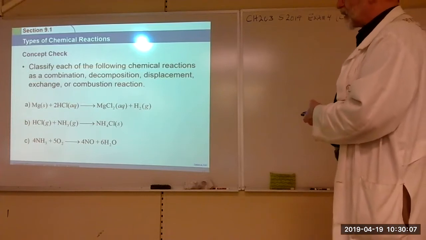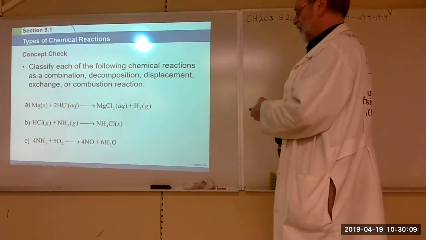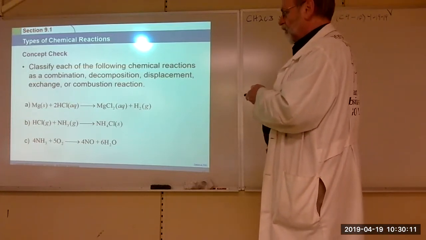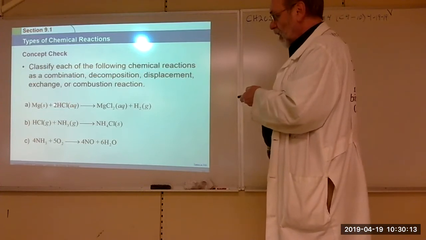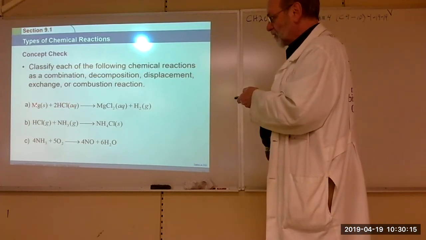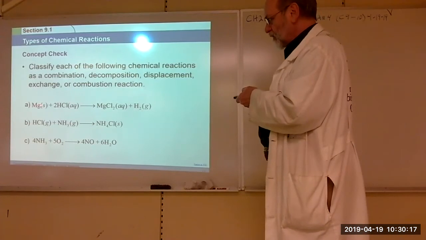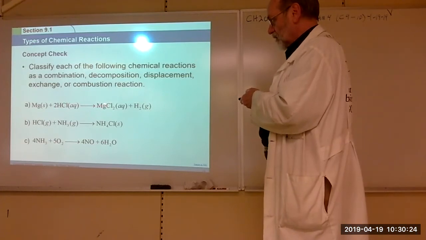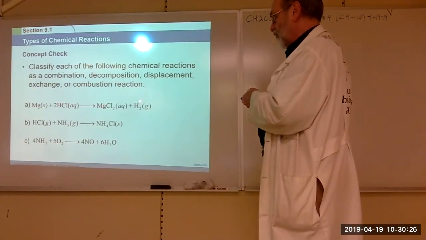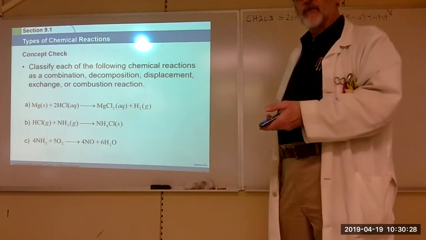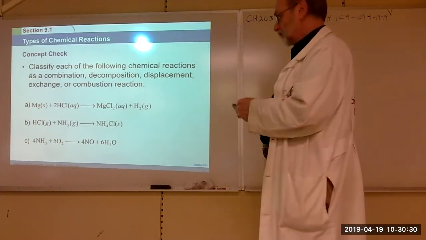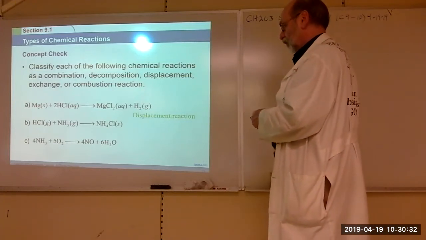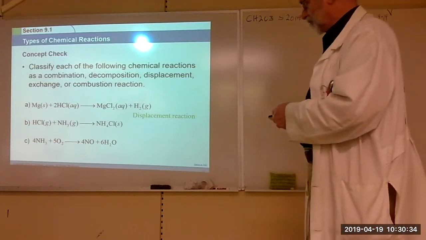Okay, so now we have three different types to identify. So in this case, we've got a compound with an element, and that element ends up in the place where the hydrogen used to be. See, goes up here. And this hydrogen is now by itself. Single replacement, or a displacement reaction.